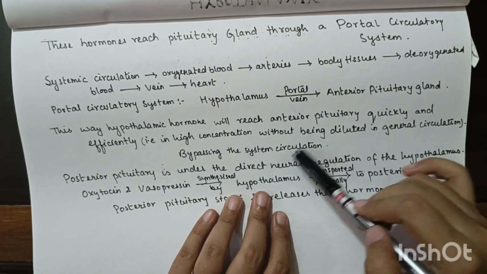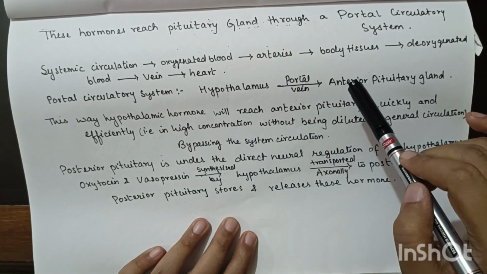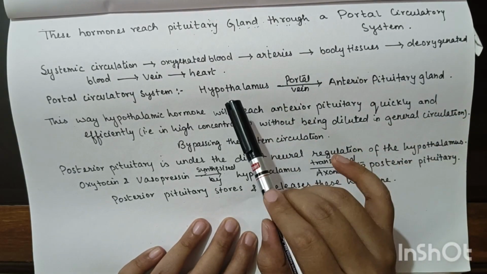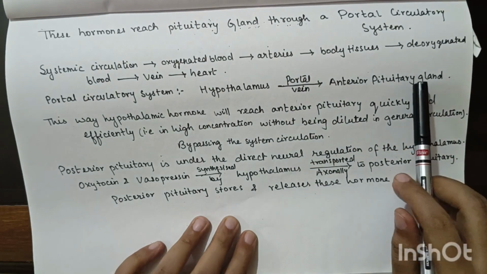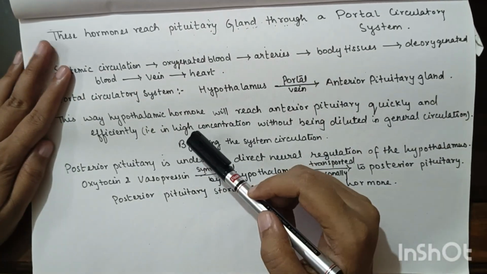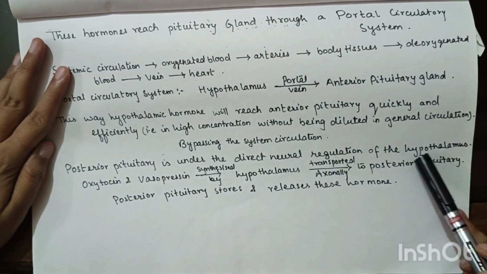It will bypass the systemic circulation. It will not get into the systemic circulation, but the hypothalamic hormone will get directly into the anterior pituitary through the portal vein. Okay, and the posterior pituitary is under the direct neural regulation of the hypothalamus.